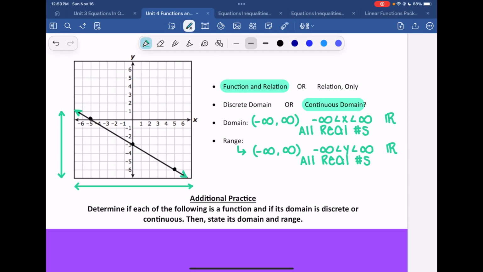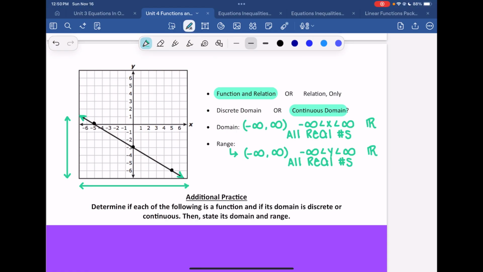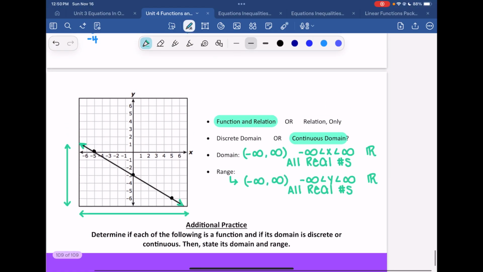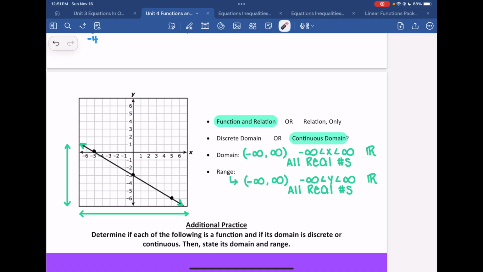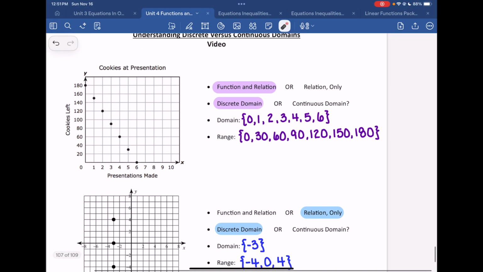Okay, so now I'm going to have you pause the video, but just to summarize what we talked about. To determine if it's a function from a graph, you can just do the vertical line test. If it's a line that's not vertical, it's going to be a function. As far as discrete and continuous, a discrete domain is going to have disconnected points.